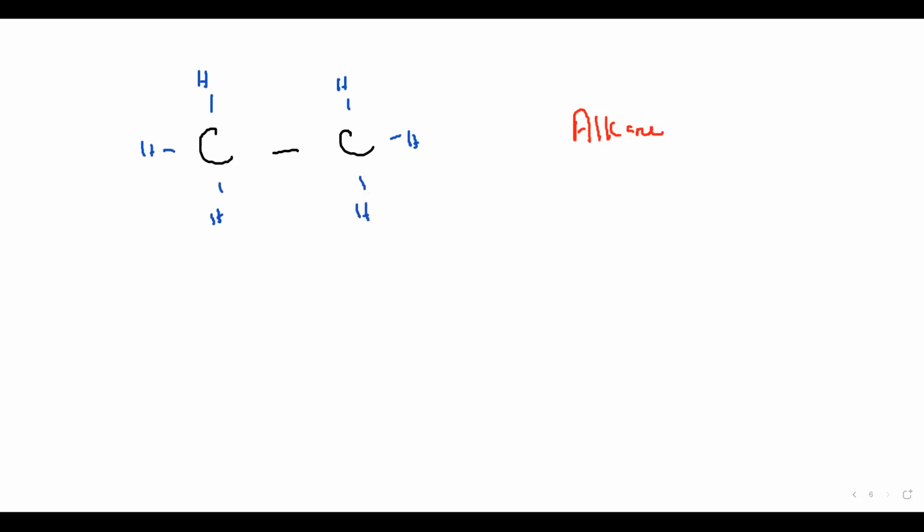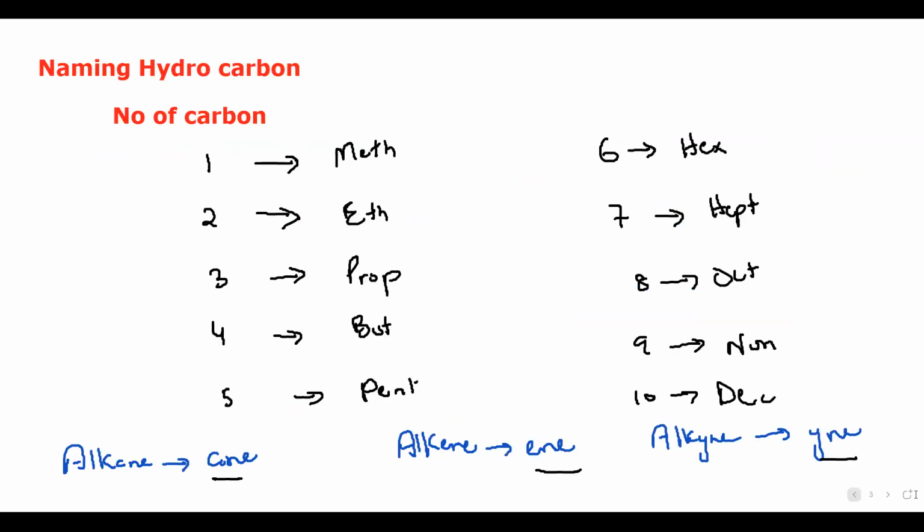Now, what is the name of the compound? The name of the compound depends on the number of the carbon. So how many carbon did you see here? 2 carbon. If 2 carbon, what is the prefix used for 2 carbon? It is eth.